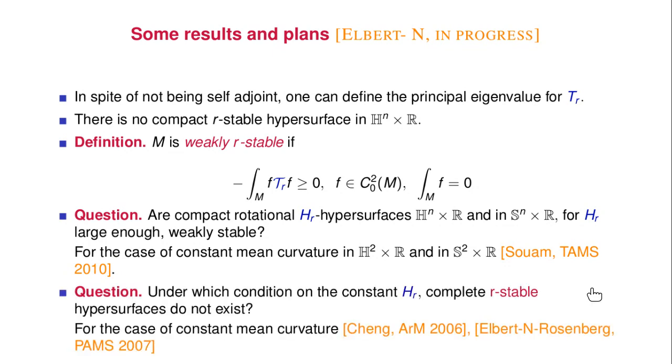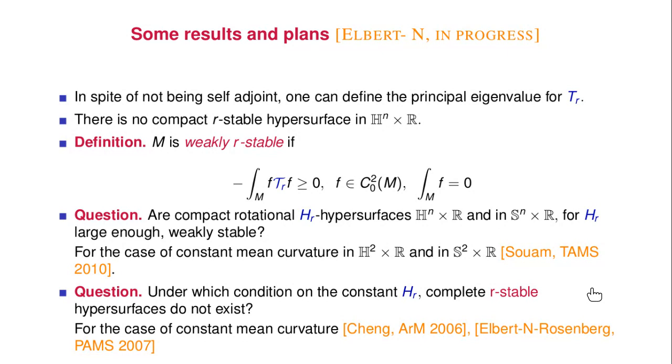Another interesting question is the following: under which conditions on the constant do complete stable hypersurfaces not exist or exist? Why this question? Because for the case of mean curvature, this was proved by Chang, and by myself, Hebert, and Rosenberg. For example, in R^4 and in R^5, there are no complete stable H-surfaces with H positive constant.